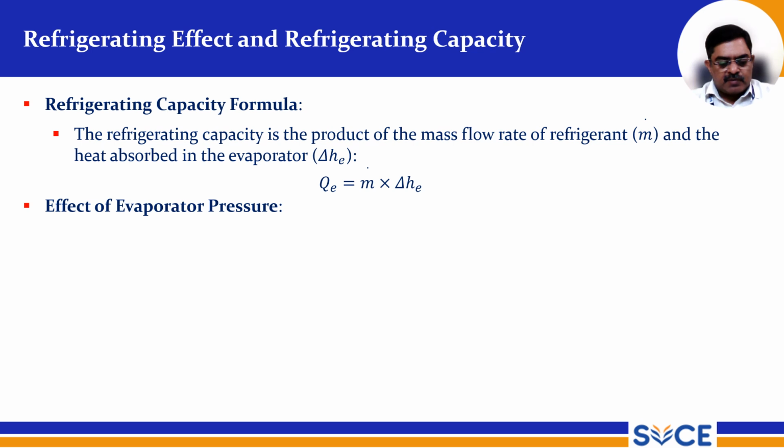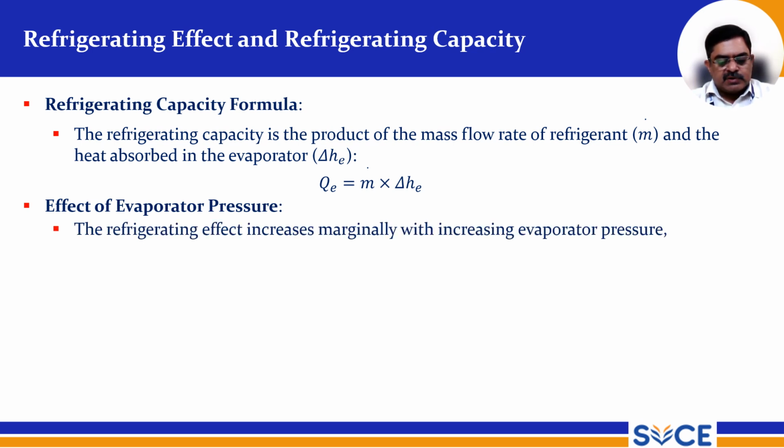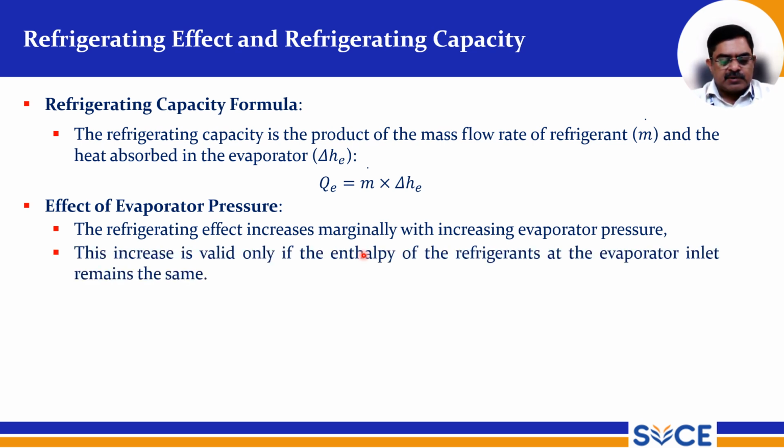Effect of evaporator pressure: the refrigerating effect increases marginally with increasing evaporator pressure. This increase is valid only if the enthalpy of the refrigerant at the evaporator inlet remains the same. So that is another observation here.